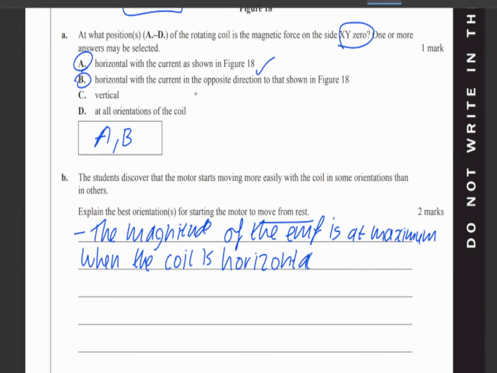So when EMF is max, magnetic flux is minimum.